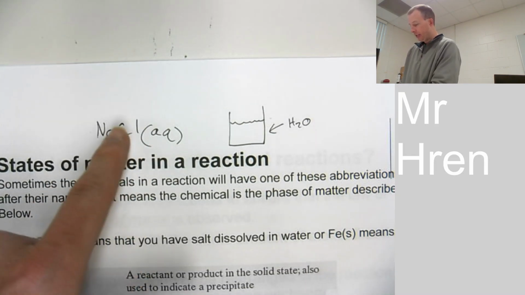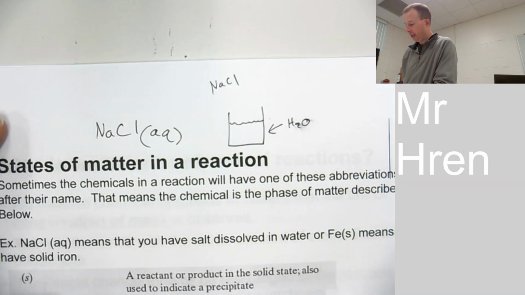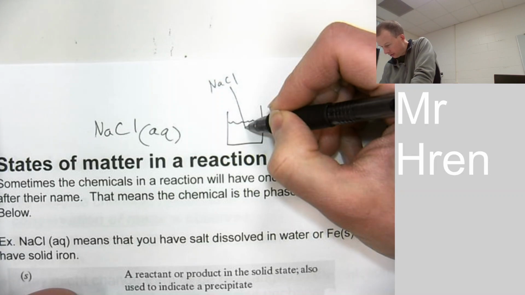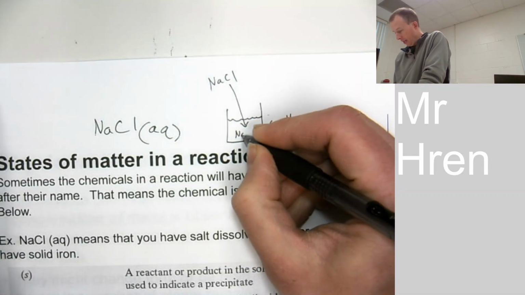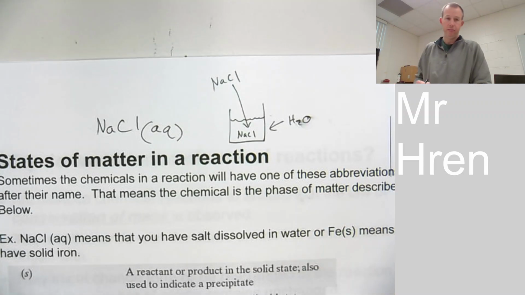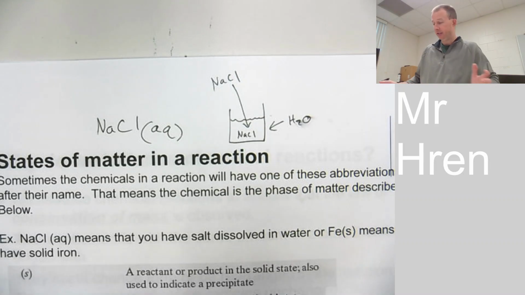And let's say you have some salt, NaCl. You take the salt, you put it in the water. Well, then you have NaCl in water. You have salt water. One of the most common things on the planet. Maybe the most common thing on the planet. I don't actually know. So you've got a lot of salt water.